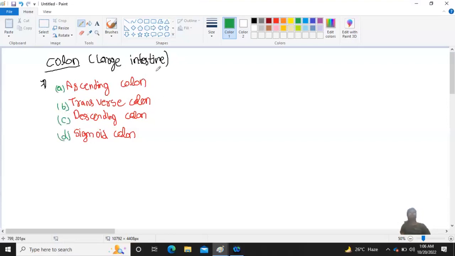These are the parts of the colon in the large intestine, in which some are intraperitoneal and some are retroperitoneal.